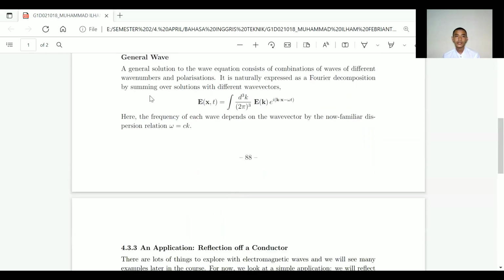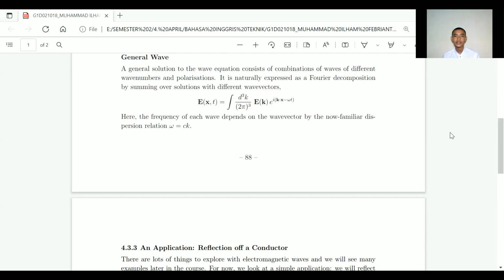Next, the general wave. A general solution to the wave equation consists of a combination of waves of different wave number and polarization. It is naturally expressed as a Fourier decomposition by summing over solutions with different wave vectors.